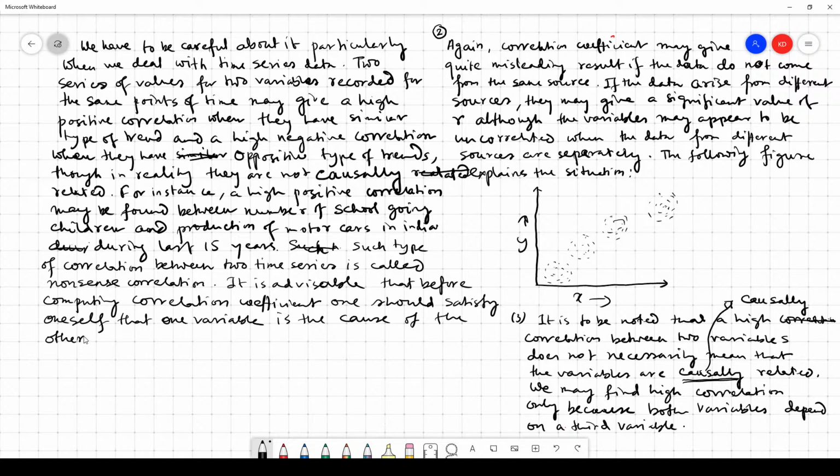Please keep this point in your mind. Before computing correlation coefficient, you should check whether one variable is the cause of the other. So these are the limitations of the correlation coefficient.